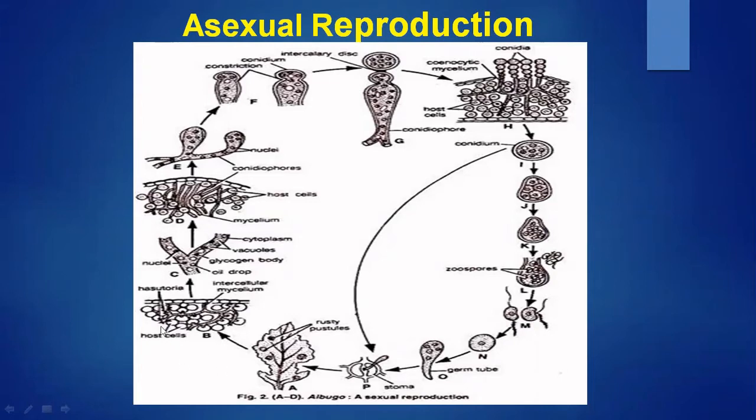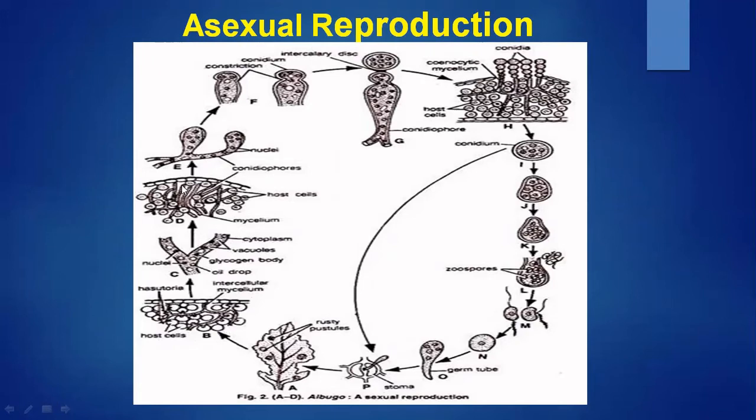From the tips of the hyphae of this mycelium, you can see development of short, erect, thick walled, club shaped structures known as conidiophores or sporangiophores. This is the host tissue, and the type of development is intercellular growth below the lower epidermis, and this is cenocytic mycelium forming a mat-like structure.